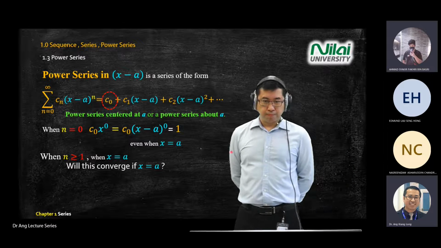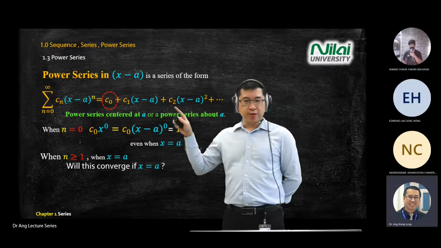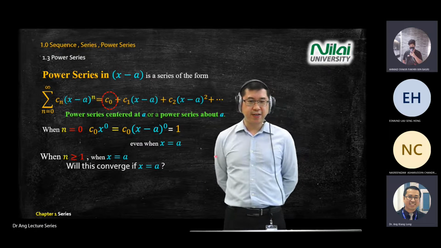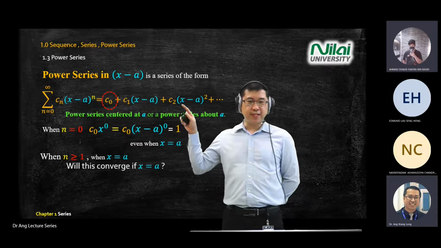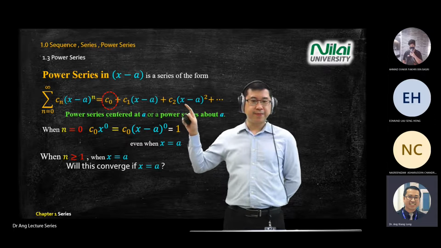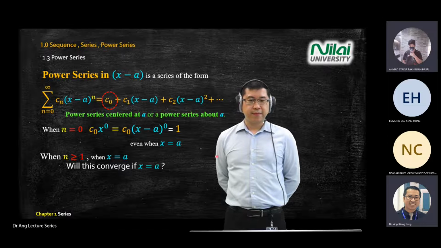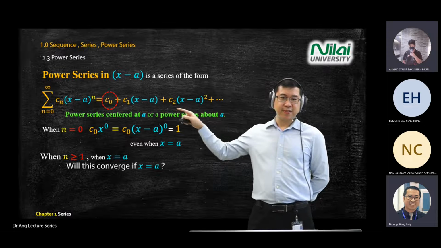Sorry, sir? If you look at this question, you know that this is a power series, right? You know that this is a power series, right, Shakir? Yes, sir. You understand that this is a power series, right? Okay.